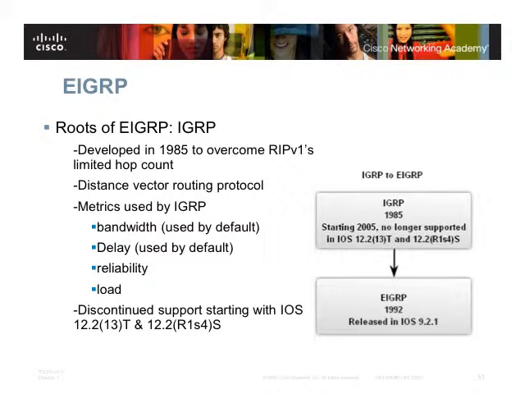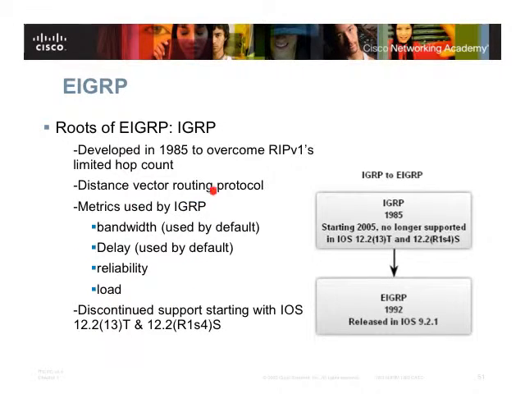So it doesn't make any sense that all the links would have the same weight, because in nature they don't. It doesn't make any sense to balance or to consider a wireless link equivalent to a 10 gigabit Ethernet link, because it's not logical. So instead, IGRP used a composite metric.